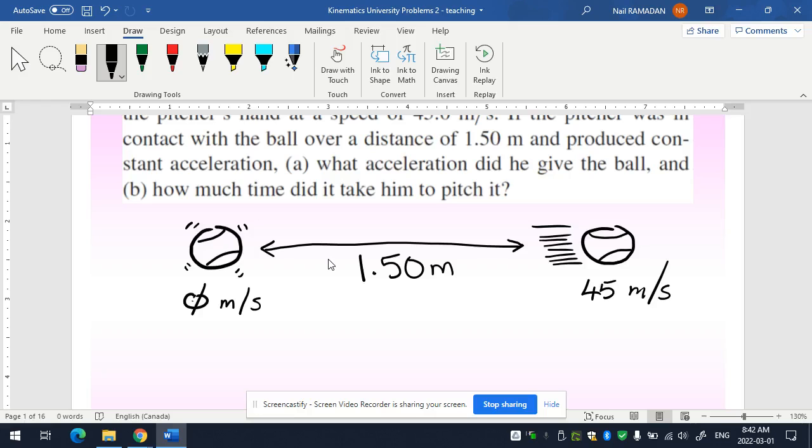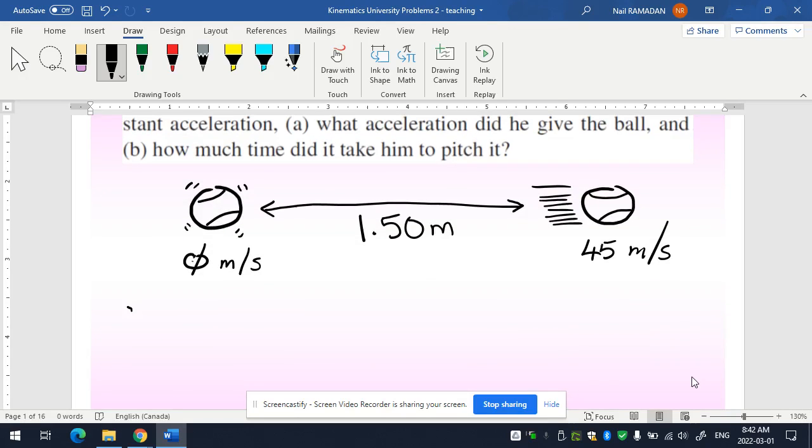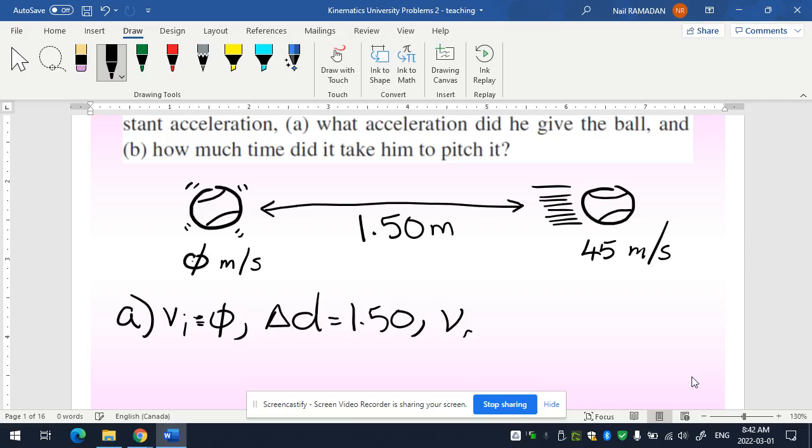Okay, part A. VI equals 0, and no need for units because all of them are standard. Delta D is 1.50. And what kinematic symbol should this one take? VF, it's meters per second, so it's speed, and it must be VF because we already have VI.